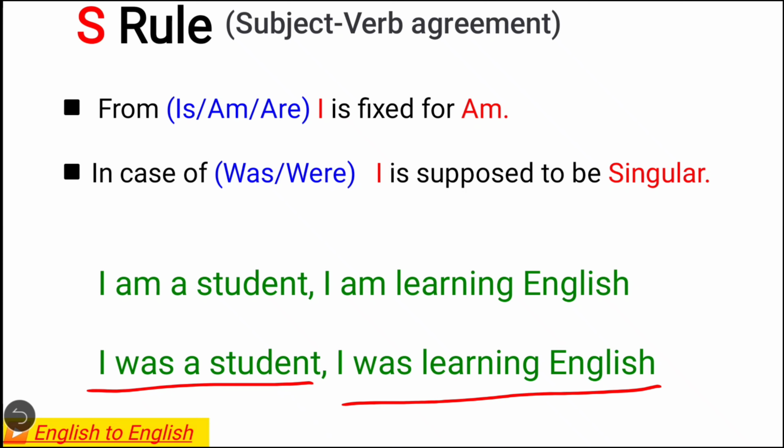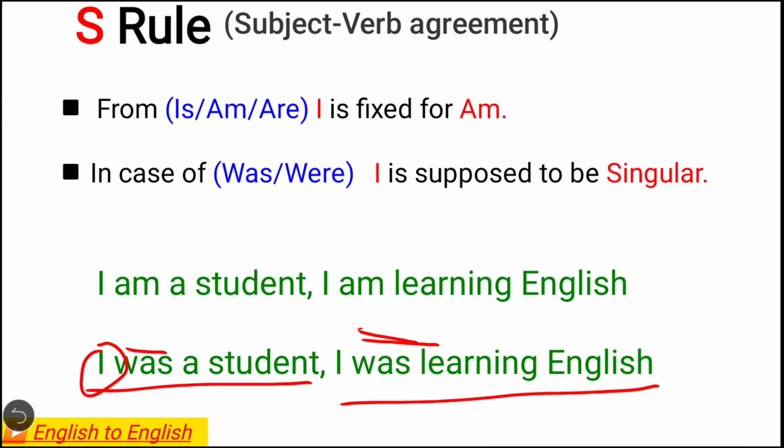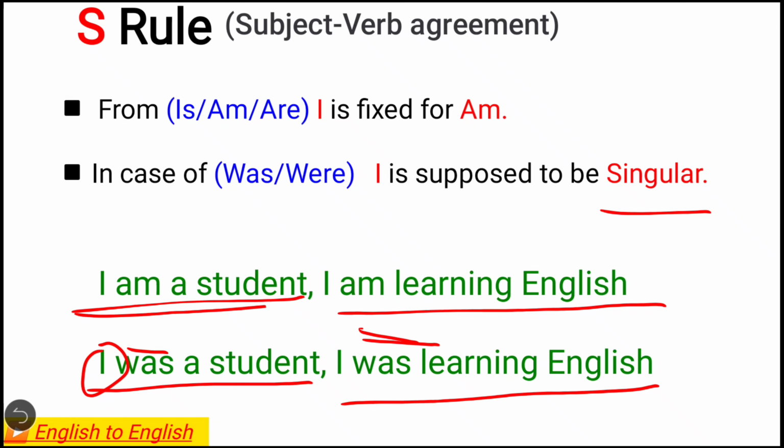So here I looks like a singular subject because it has been used with was. So in past simple and past continuous, I is supposed to be a singular subject, and in present simple and present continuous, I is supposed to be different from others. It has its own helping verb that is am.